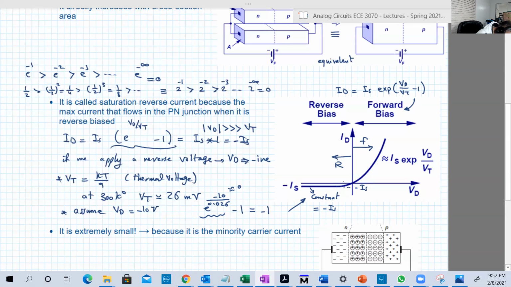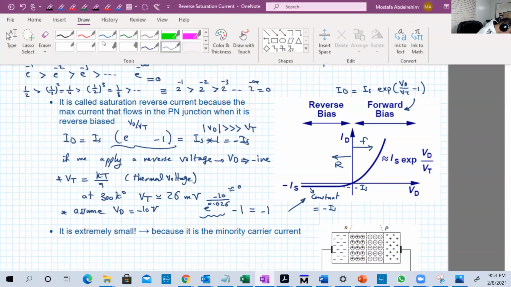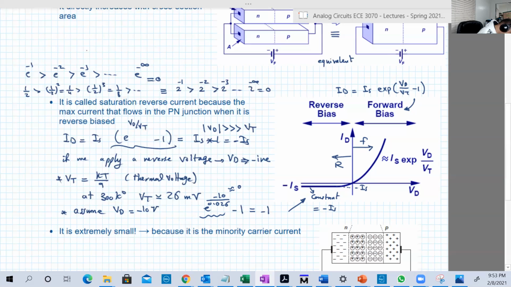Very small region. So this region here, let's make it with another color. This region here, VD as a magnitude, of course VD is negative because this is reverse, is comparable to VT, which is 26 millivolt. All the time we assume room temperature. So VT at room temperature is constant, around 26 millivolt.